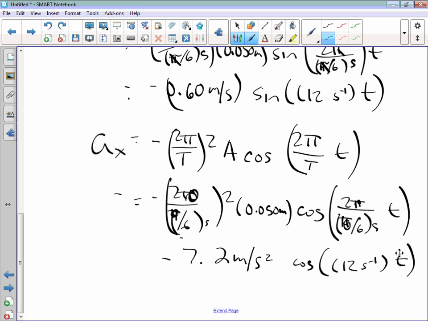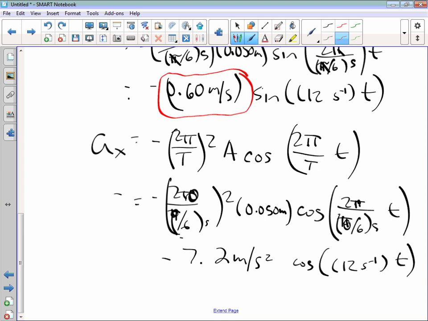So what does all this really mean? Well, what we can tell from this is our maximum velocity is going to be 0.6 meters per second. That would be the amplitude of the velocity, or the maximum speed.